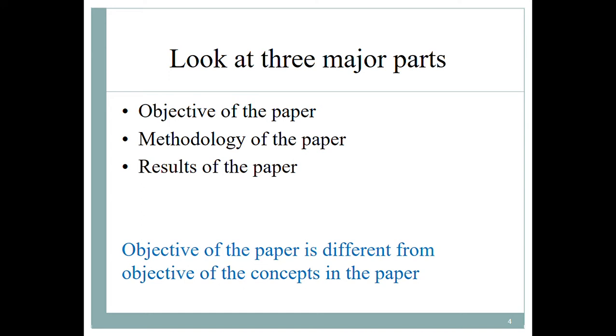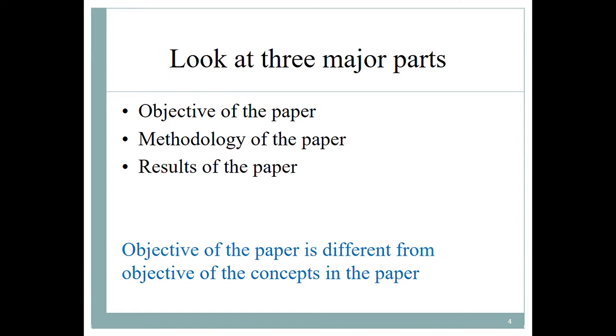The first thing is the objective of the paper. The second one is the methodology of the paper. And finally, the results of the paper. Of course, any abstract can include other items, but these are the most important ones and you will always find them in an abstract, or should be at least.